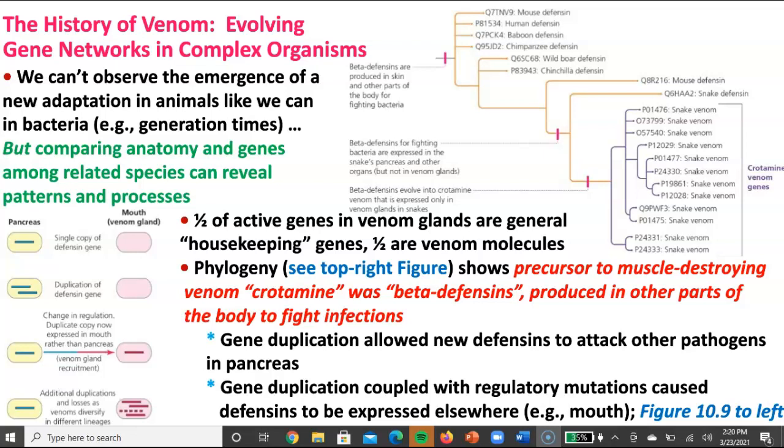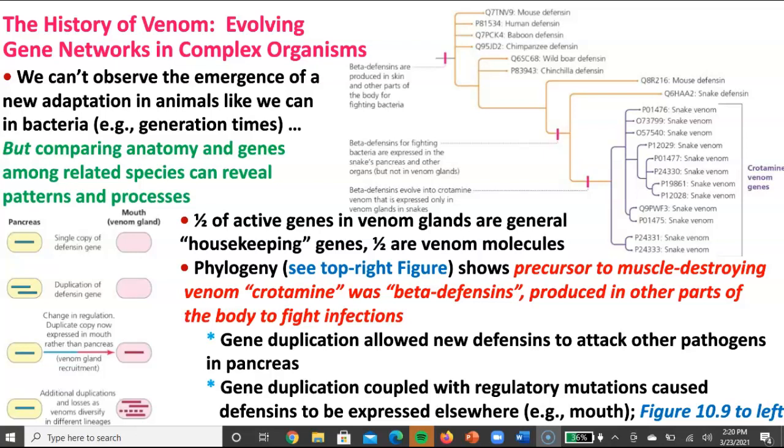So if we take a phylogenetic perspective, we look at the upper right figure, you have a phylogeny that's showing mammals and snakes. And it shows that the precursor to these muscle-destroying venoms that we call crotamines, the precursor to the crotamine venom, was the beta defensin proteins.